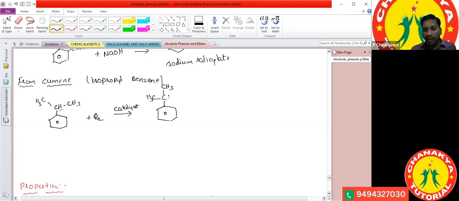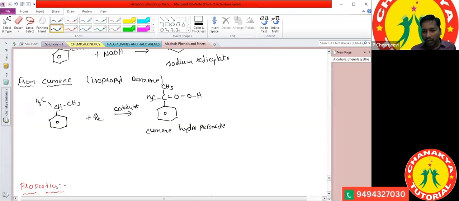Peroxide means there is a single bond between the oxygens. This we can call cumene hydroperoxide.